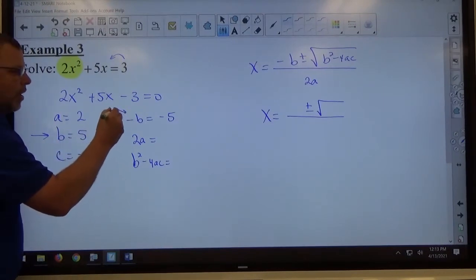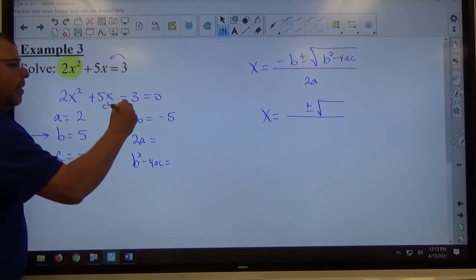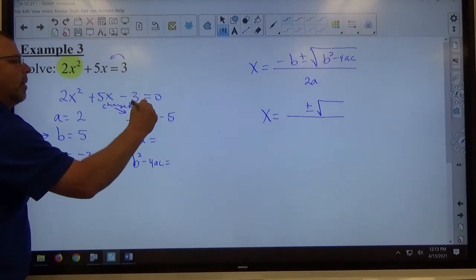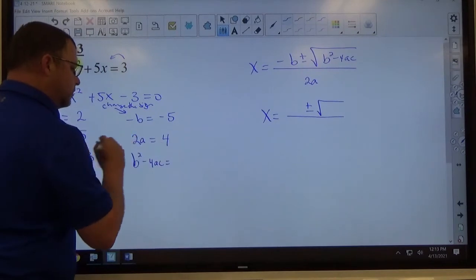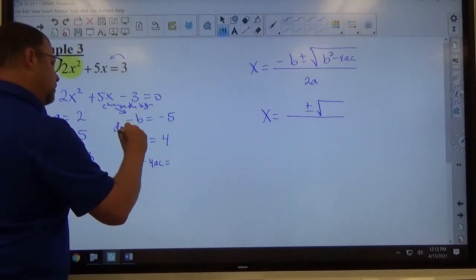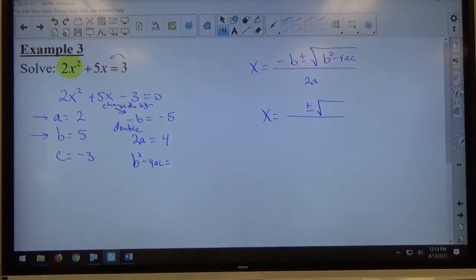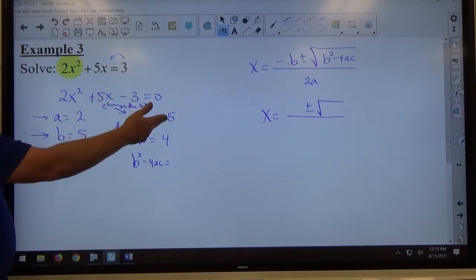Minus b just means change the sign. All right. 2a. A is equal to 2. What is 2a? 4. 2a just means to double. Those 2 are easy. You change the sign, you double a number. Everybody knows how to multiply by 2. Everybody knows how to change the sign, right? So, positive 5, change the sign, negative 5. 2, double it, 4.